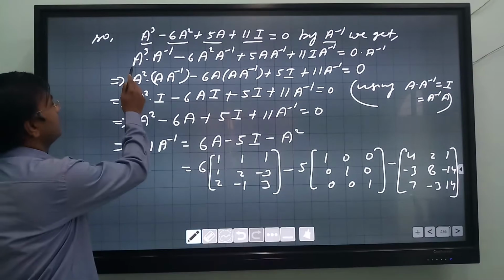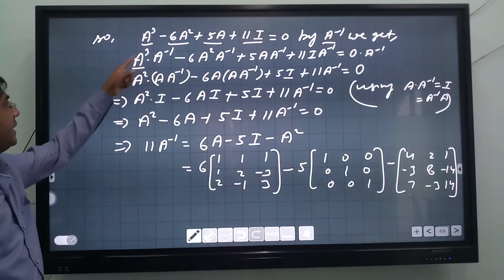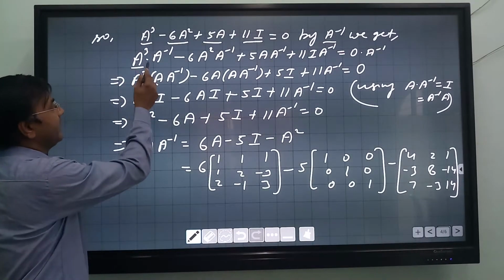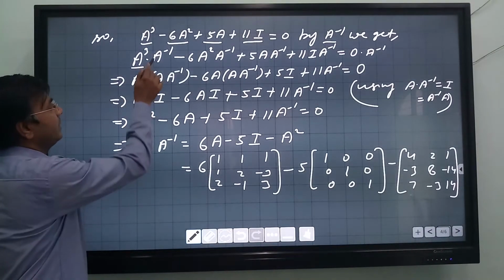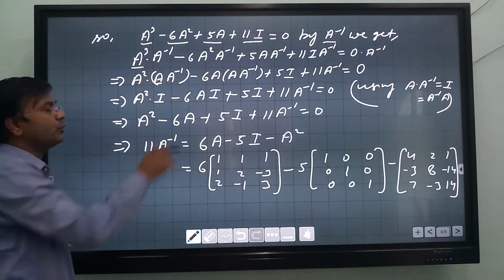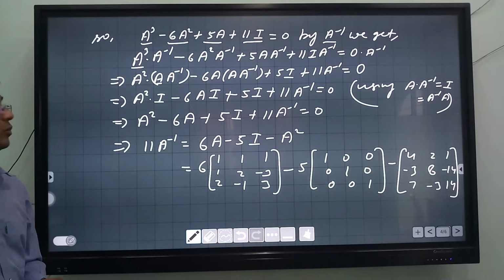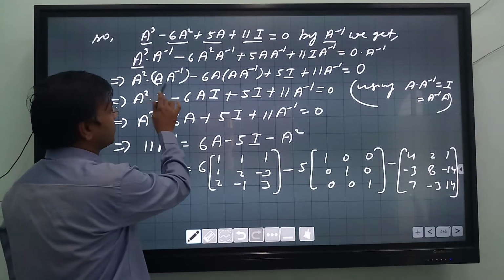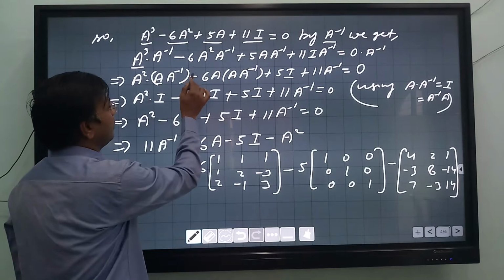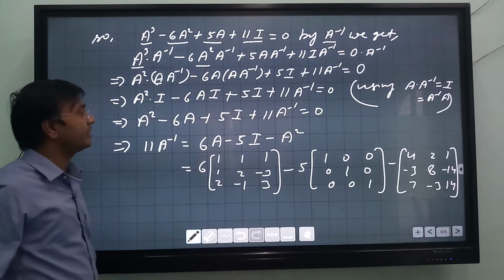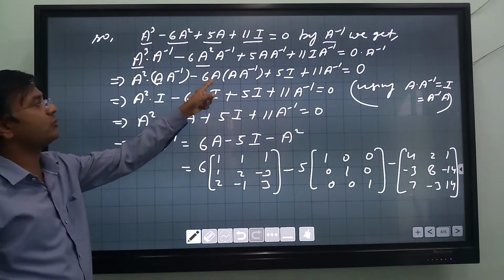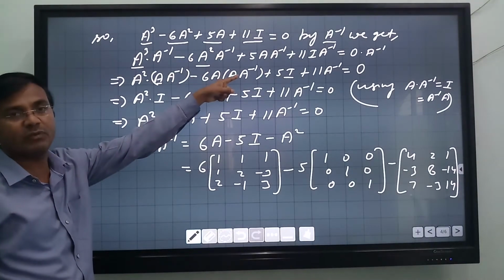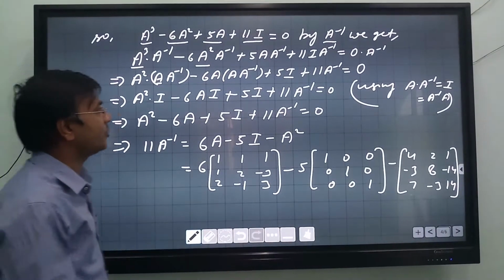Now see, next step: A cube, we are writing as A square into A, and this A inverse is written. Due to the associative property, which also holds here for matrices of the same order, we have made a group. Now 6 A square, this A square is written as A into A, so one A is here, and the second is written with A inverse by the associative property.